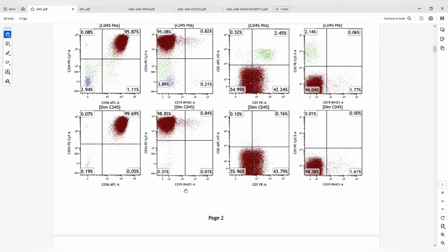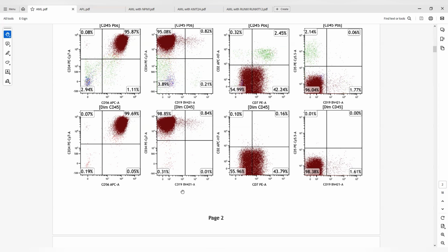Our blast population is negative for CD19, and CD19 is a sensitive and specific marker for B lymphoid differentiation. So we're not dealing with a B lymphoblast here because it's CD19 negative. However, very rare cases of B lymphoblastic leukemia, lymphoma with CD19 negativity have been reported.